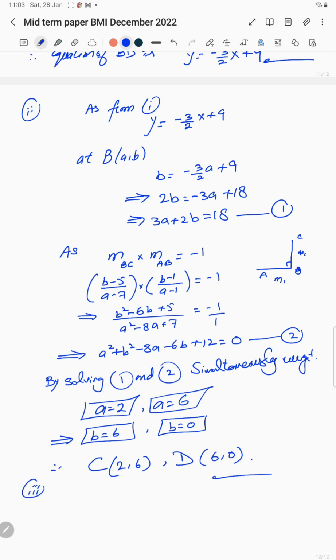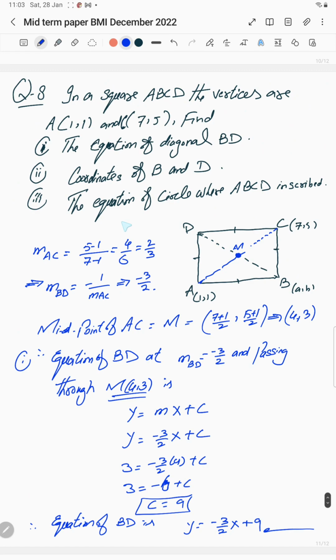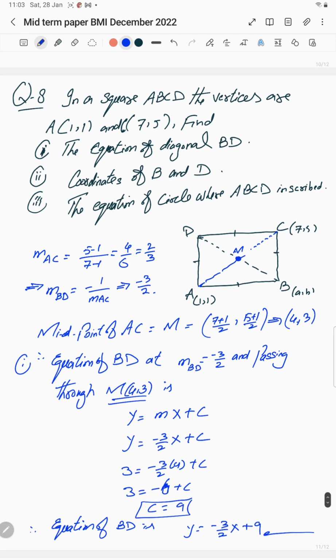In the third part of the question, he asked to find the equation of the circle where ABCD is inscribed. Inscribed means inside it. So here I need to make this circle like this.